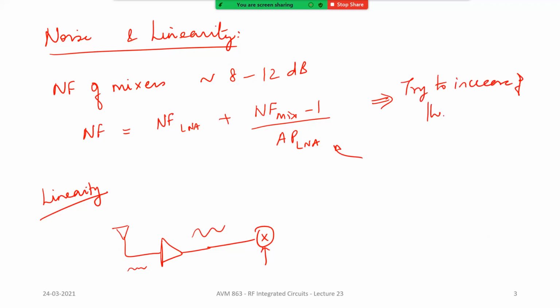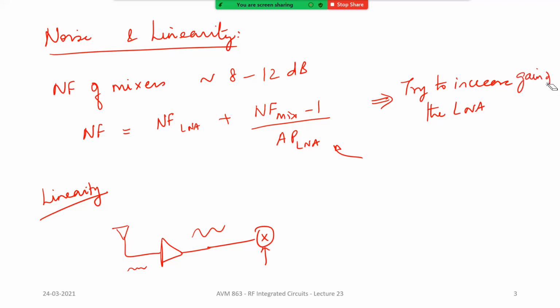Let's say you are working on a product and you want to have a good noise figure for your entire receiver. You know that the noise figure of your mixer is bad, and so to compensate for it, you will make sure that your LNA noise figure is good, and the gain of the LNA is also as high as you can get, right? So to increase the gain of the LNA.